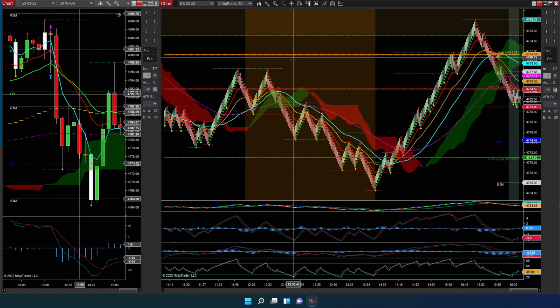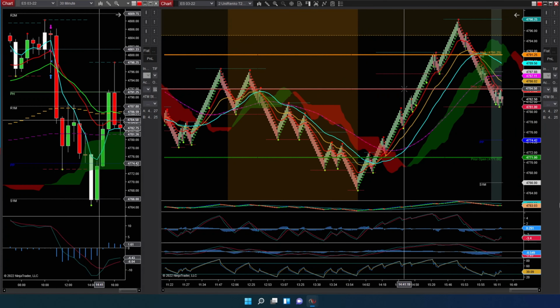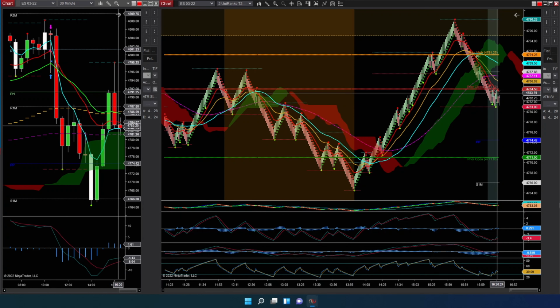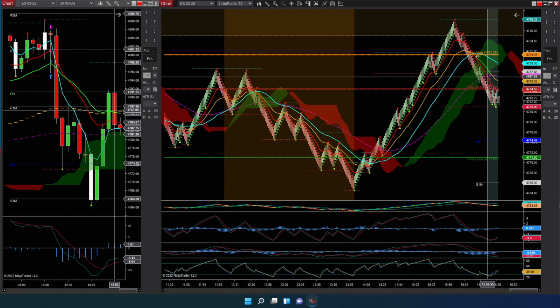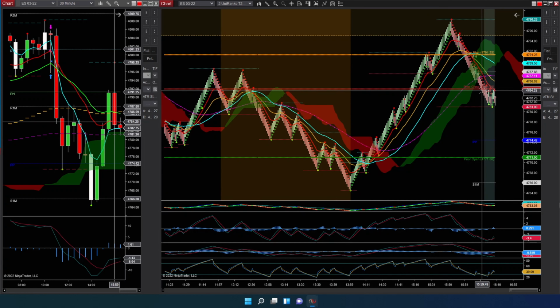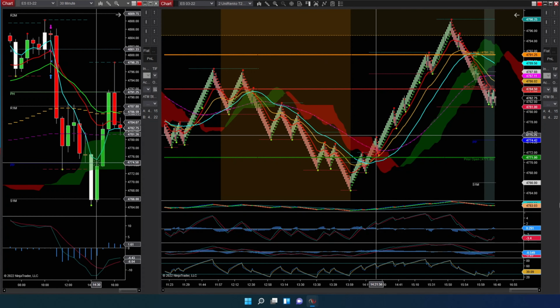So it came back down, and then the 50 and the 200 moving averages really act as magnets here. So yeah, the market stayed in between the two prices. We'll see what is going to happen tomorrow. If the market is going to come down or move up depends on these levels here.